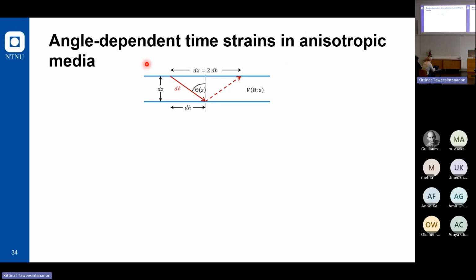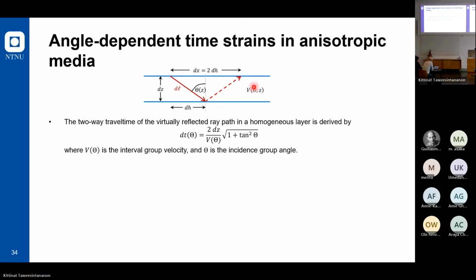Now I extend this idea and try to use the proposed method to compute some subsurface change parameters from the time strain. For anisotropic homogeneous media, we focus on homogeneous media. The two-way travel time of the virtually reflected ray path is derived by this simple equation based on the Pythagorean theorem.